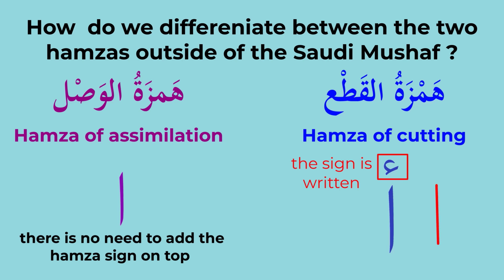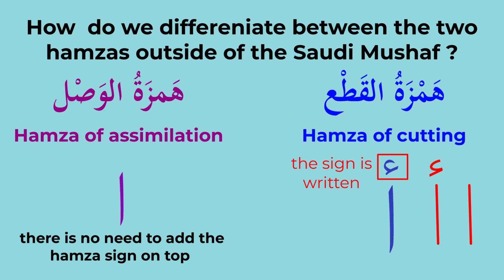My teacher would write Qata on it in red ink, to tell me that this is Hamzatul Qata and you must put the neck of Ain on it to differentiate. If you only wrote it plain, then this is technically incorrect. You have to write it with the neck of Ain.